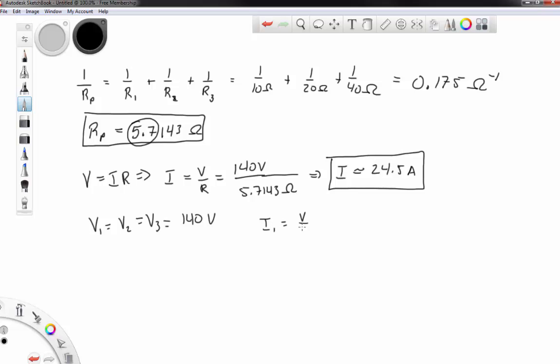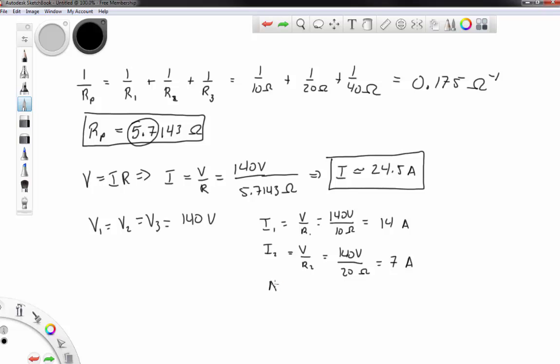So for example, I1 is going to be V over R1, so that's 140 volts divided by 10 ohms. And so that means that 14 amps are going to the 10 ohm resistor. I2 should be V over R2, and so that's 140 volts divided by 20 ohms, so that's going to be 7 amps.